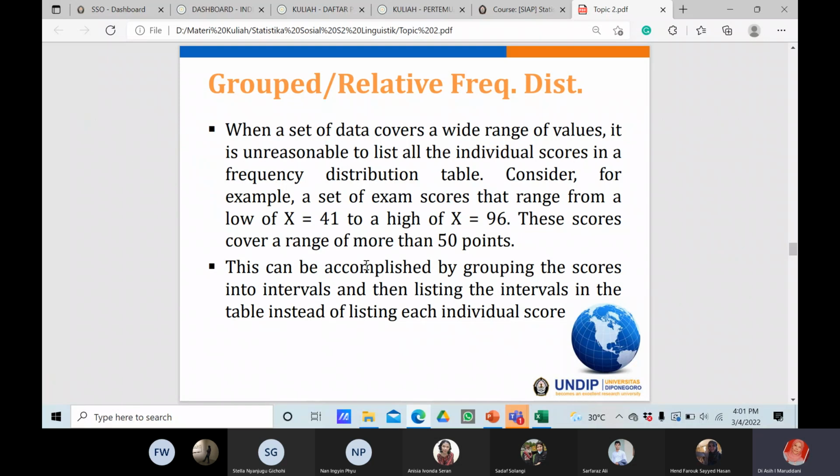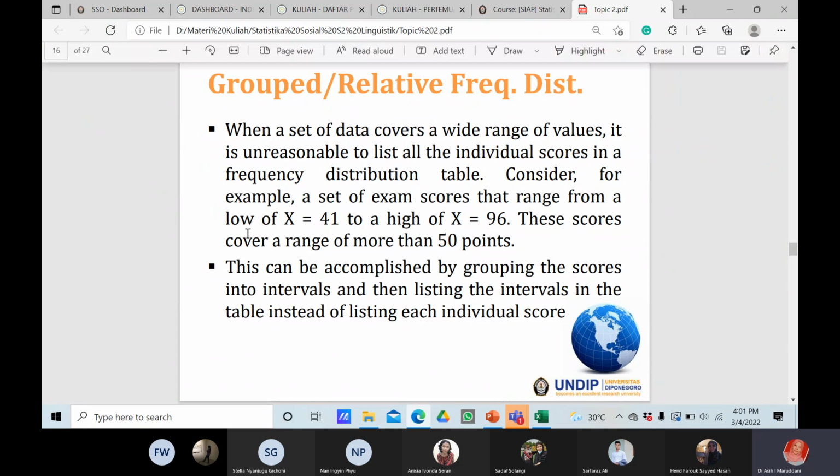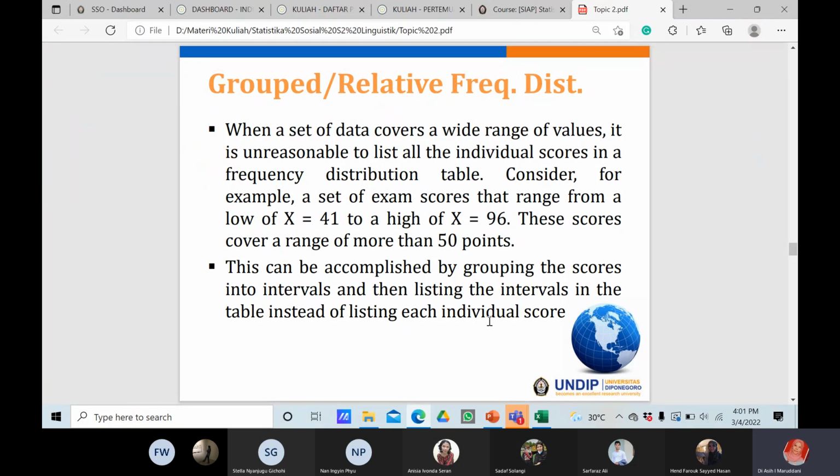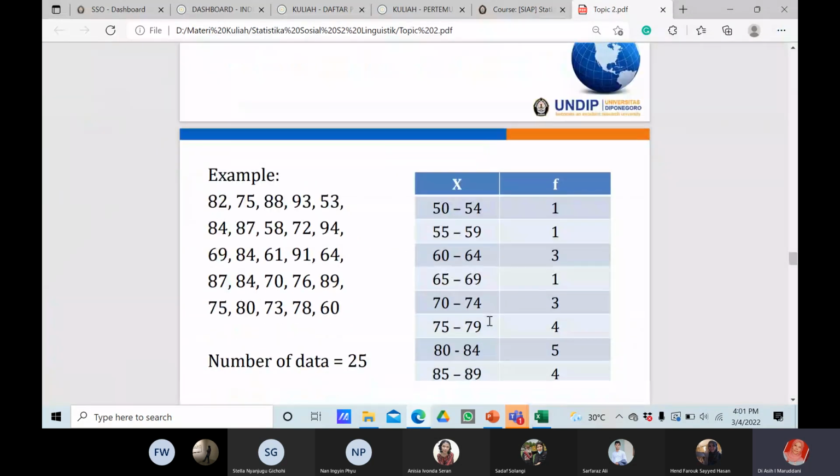Then you can use group or relative frequency distribution. This can be accomplished by grouping the scores into intervals and then listing the intervals in the table instead of listing its individual scores. Let's see how it works.